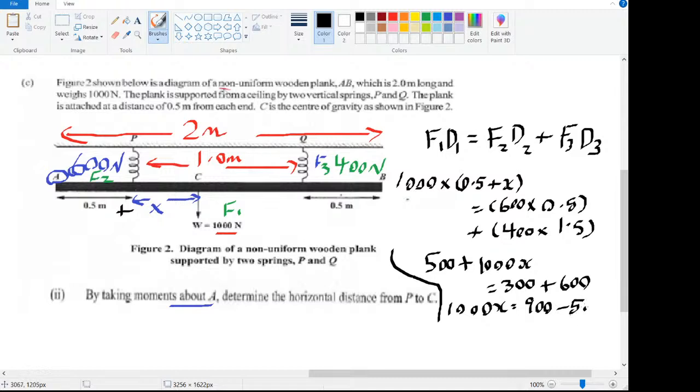Right, 2,500 over there. So x is going to be equal to 400 over 1,000. I guess that's looking like the answer. I mean, if this is 1 meter, this is like 0.4 and this is like 0.6.